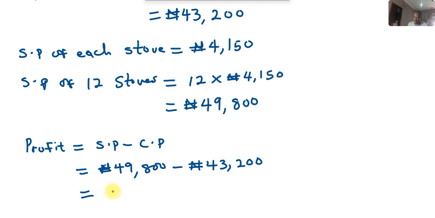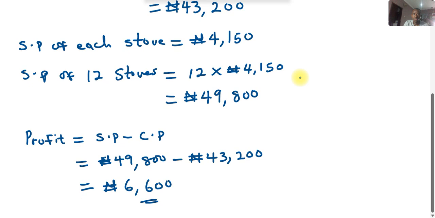If you press your calculator for this, all you have is 6,600 naira. So this is the profit made at the end of the transaction. We'll move on to the second method.